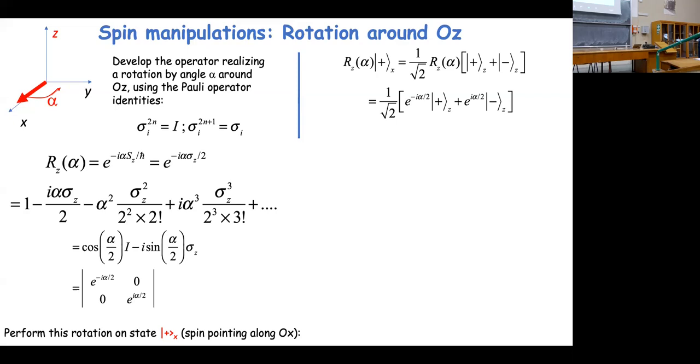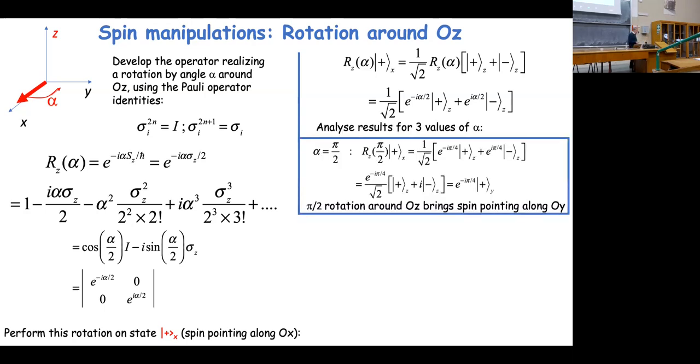So this is a general expression. The plus x state is a linear combination of plus z and minus z. You apply this phase minus i alpha over 2 to the plus part, and plus i alpha over 2 to the minus part. And now let's make alpha equal to pi over 2. What do you get?